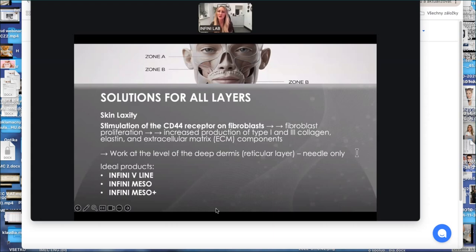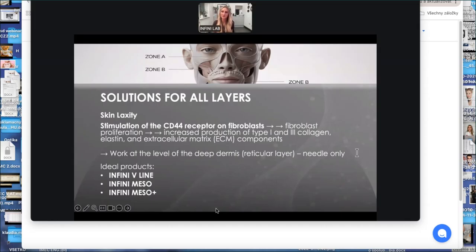But we also have to remember that when we inject in the dermis, we have to be at the correct depth. Because if we go through all the medical books from even, I would say, 5-6 years ago, all the medical books and anatomy atlases showed us the dermis at around 3 to 4 millimeters depth.